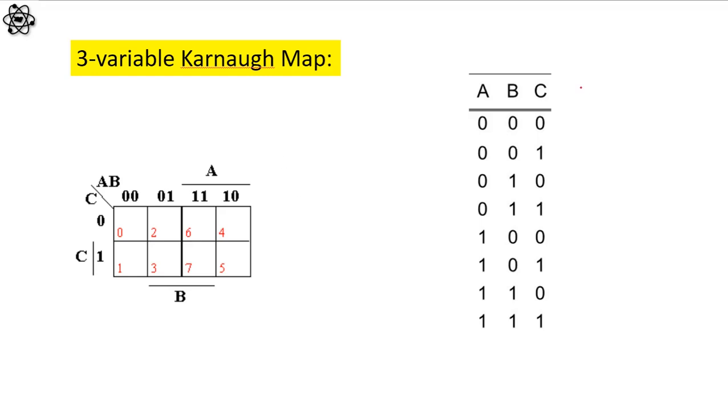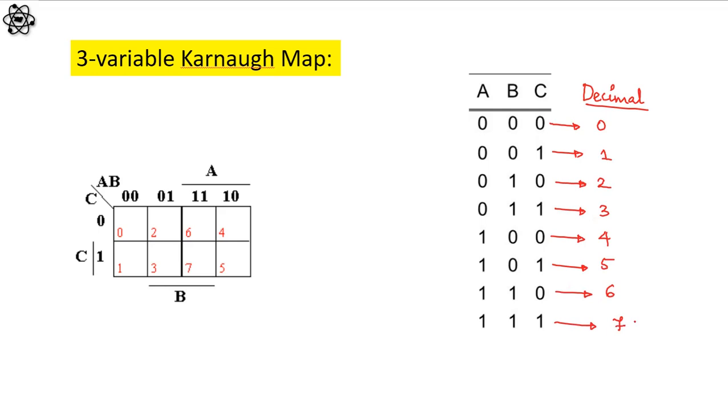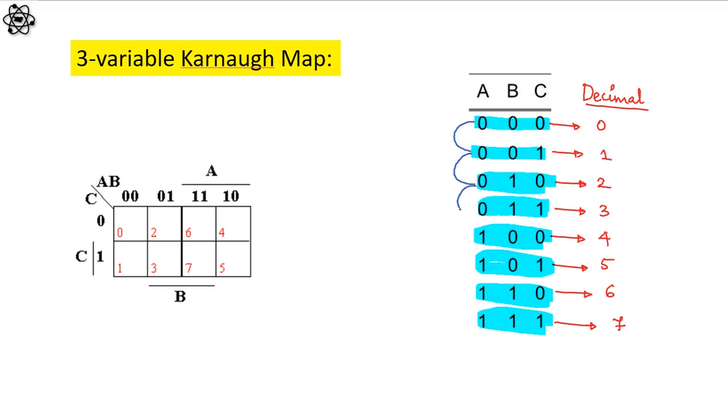Next, coming to the three variable Karnaugh map, we have three variables A, B, C and the corresponding decimal notations. If you observe the adjacent combinations of the three variables, there is a difference in each of them by one bit. So when you are drawing the three variable Karnaugh map, you should follow the rule of thumb, wherein the change in the adjacent bit occurs only by 1.